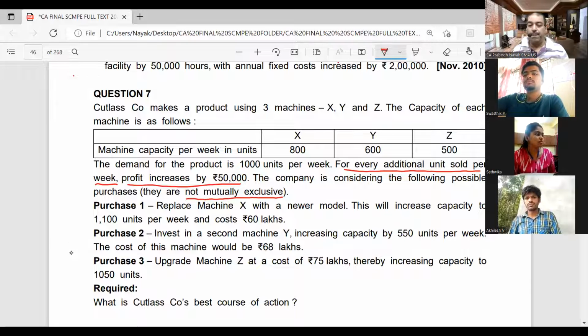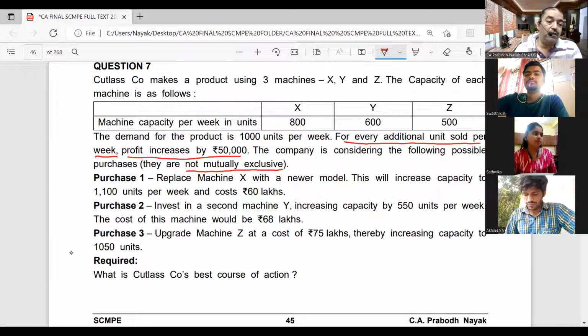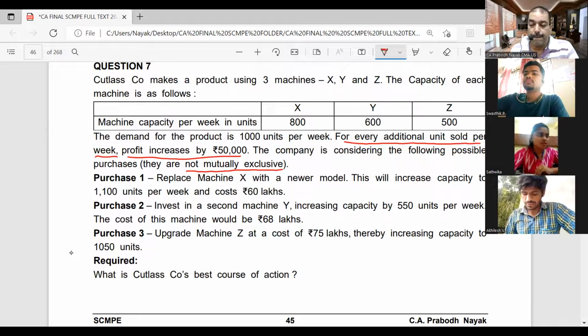Now, what is the problem? The problem is, first I have to identify which of the 3 machines is a bottleneck. So, Satvika, can you tell me which of the 3 machines is a bottleneck here? Machine X or machine Y or machine Z? Since the machine capacity is low.